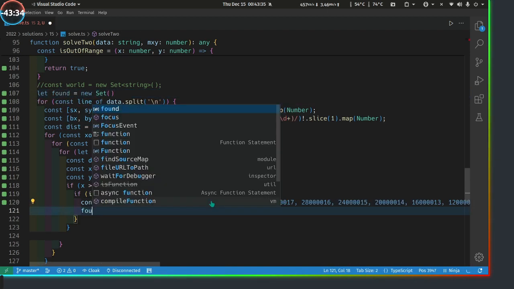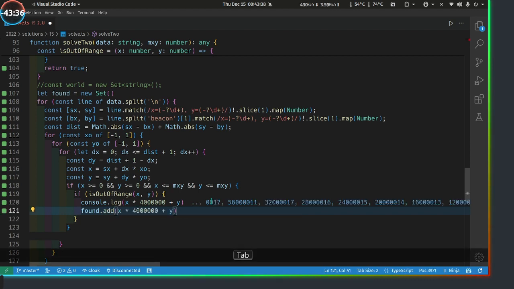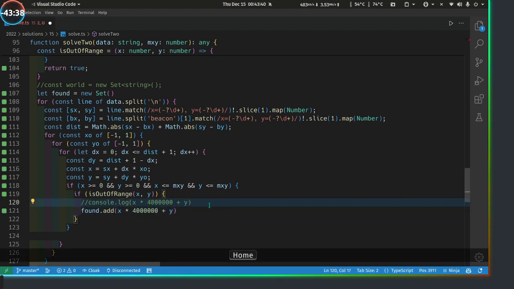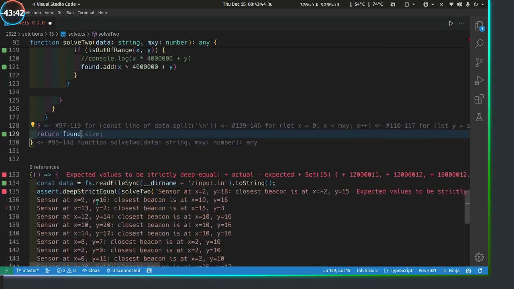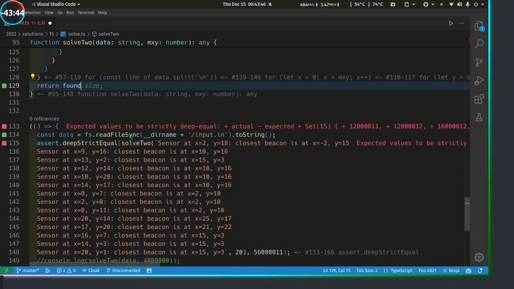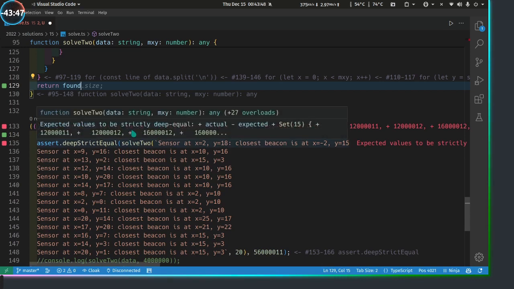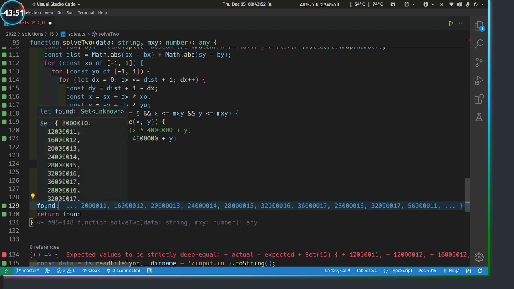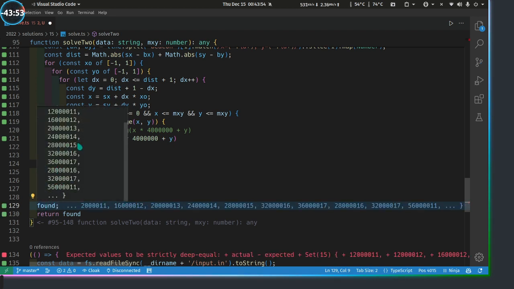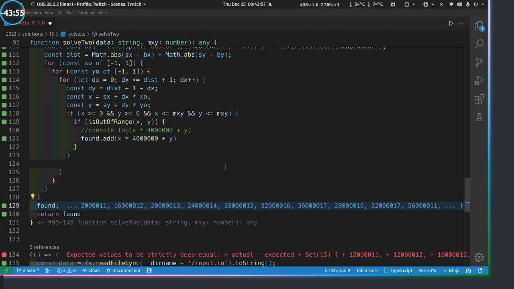Then found add. So first math went haywire. This should be in range, but it's not for some reason. Found. Okay, 15 of them. That's too many even for the small one. Okay, I can't see them. No, the right answer is in here. How did that not filter all of them out?